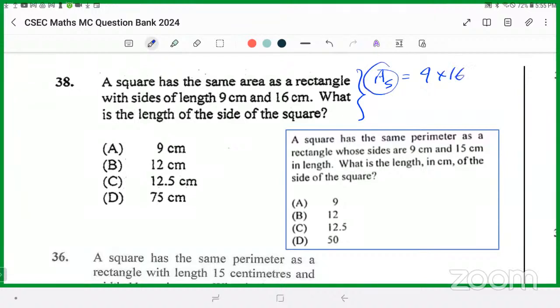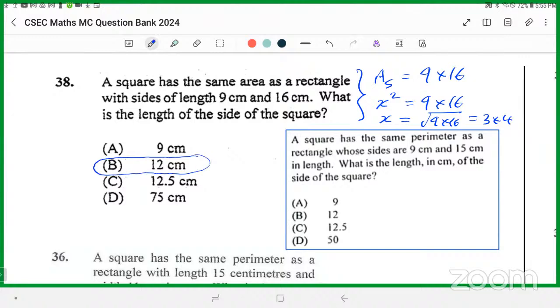The area of the square, you can call it x squared, is 9 times 16. And I'm going to square root it to find the length of each side. So the length of each side is the square root of 9 times 16. The square root of 9 is 3, and the square root of 16 is 4. 3 times 4 is 12. So this is it.